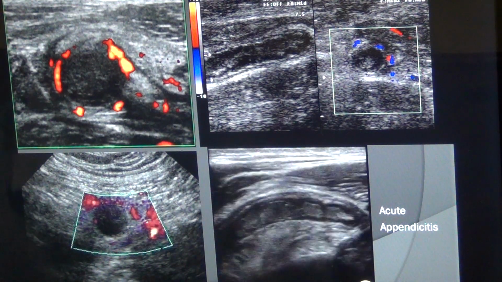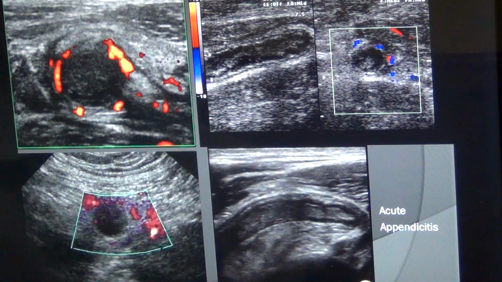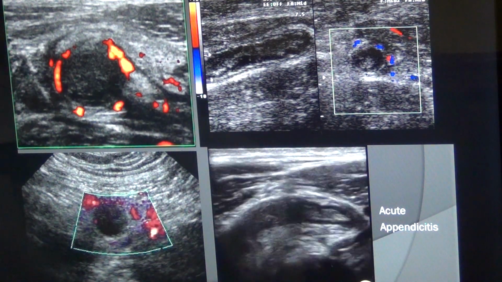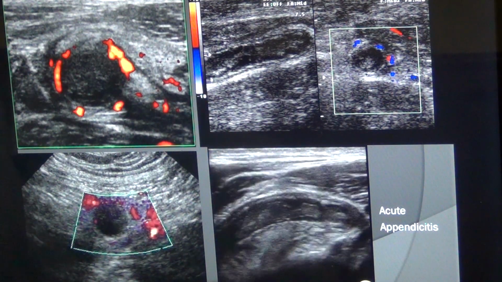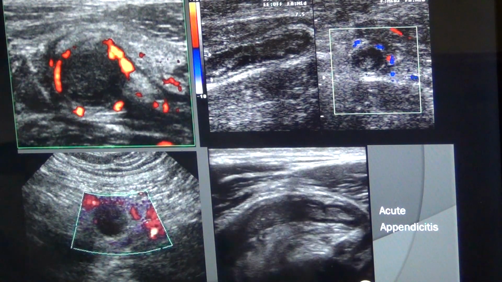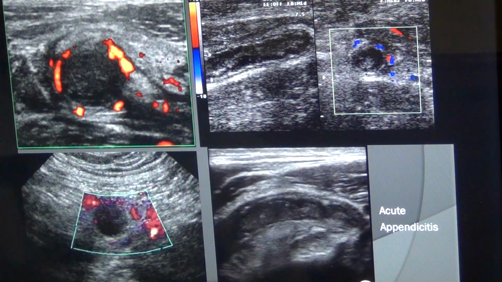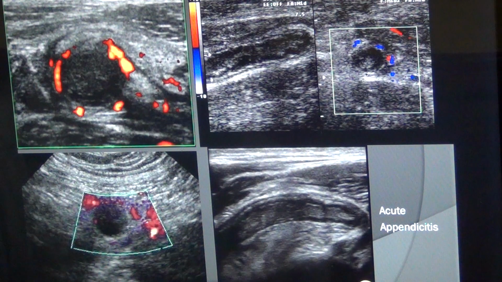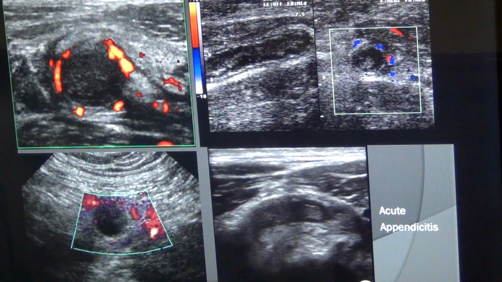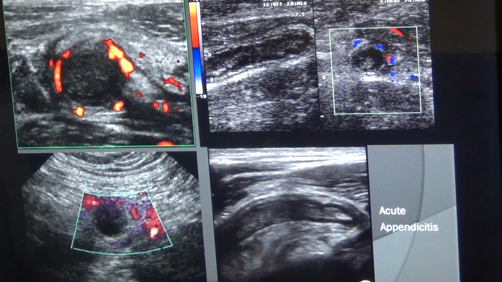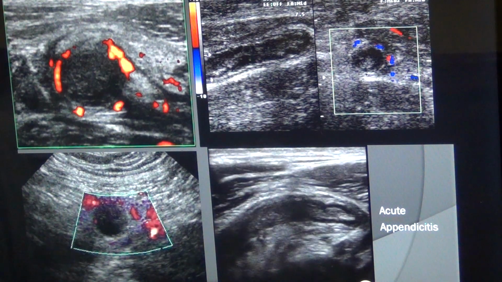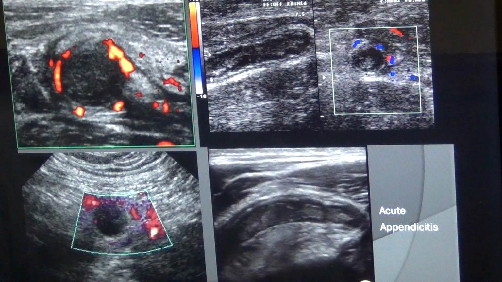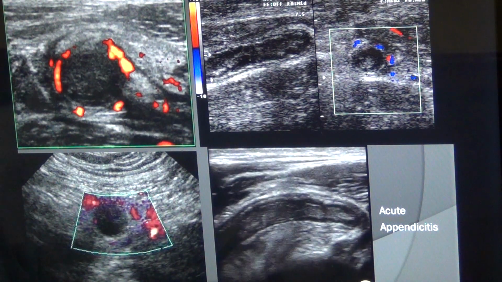Do you know why? Because the CT scan is too much exposure of radiation into the body. One CT scan means many X-rays and many radiation absorption in the body. And we know that radiation can cause mutation, and mutation can cause cancer.